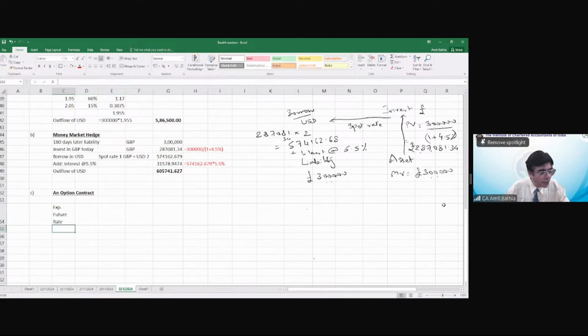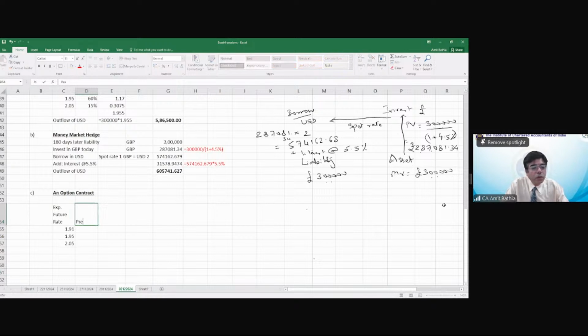What are the options I have? 1.91, 1.95 and 2.05. Right? These are the three options I have.